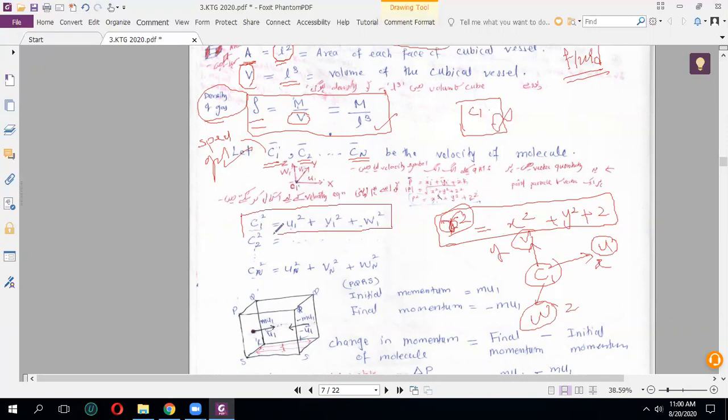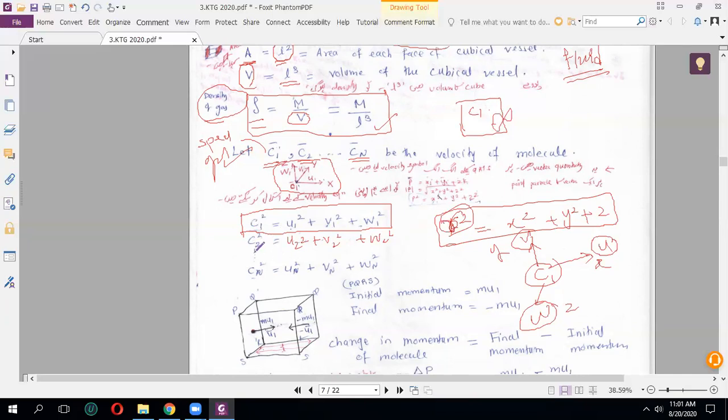So can we write like this? C1 square is equal to u1 square plus v1 square plus w1 square. I hope you understand how we are getting this. Anyone having any doubt? Because this derivation is very big. Clear this part? Okay. Similarly, can we write the C2 equation? For the gas particle C2, it is u2 square plus v2 square plus w2 square.